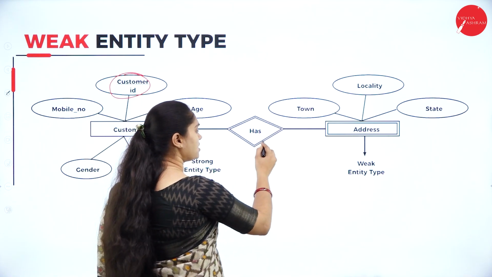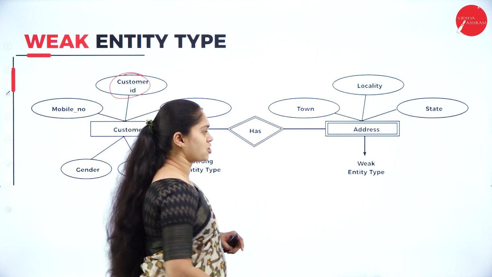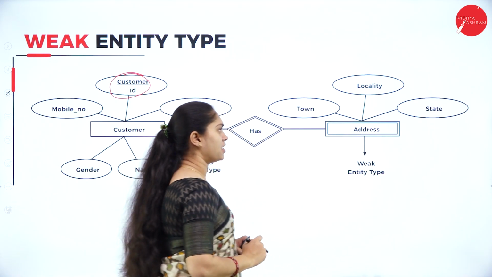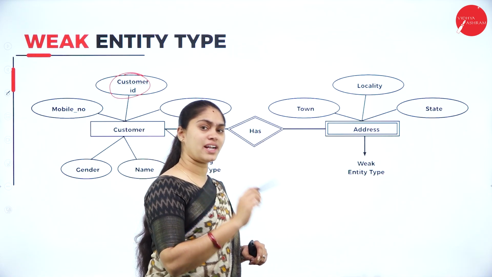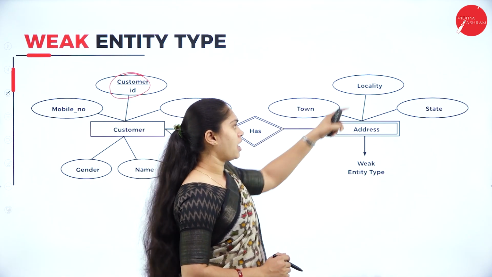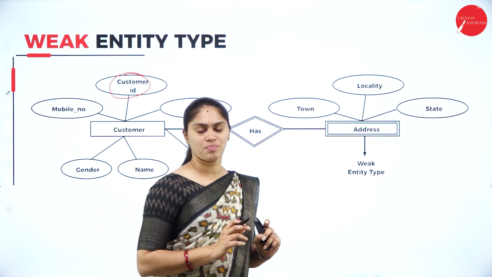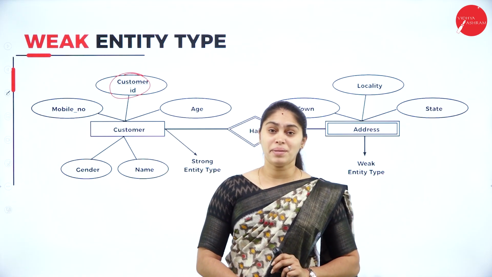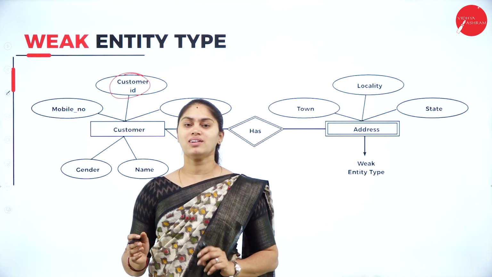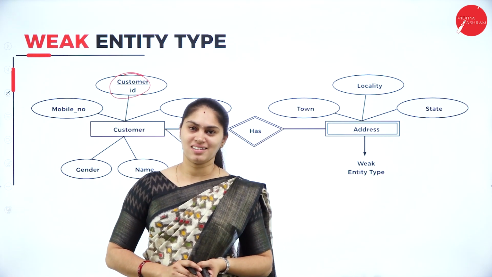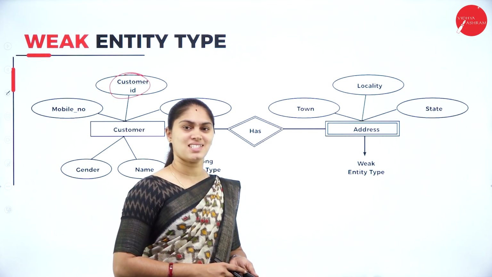So this specifies the identifying relationship, and this is the weak entity type. To find the address, I require town, locality as well as state as attributes. This is how we represent the relationship between strong and weak entity types. I hope you all understood this entity type.